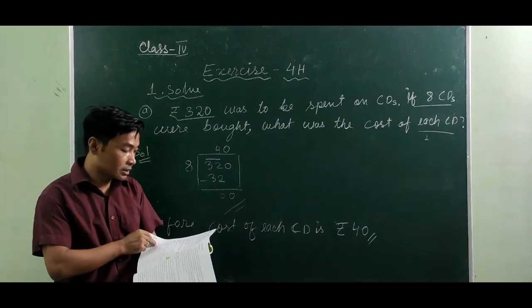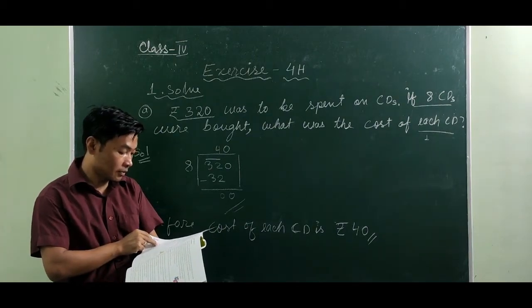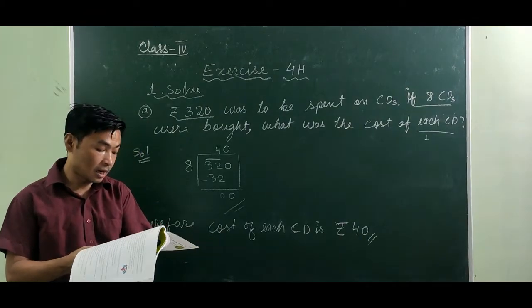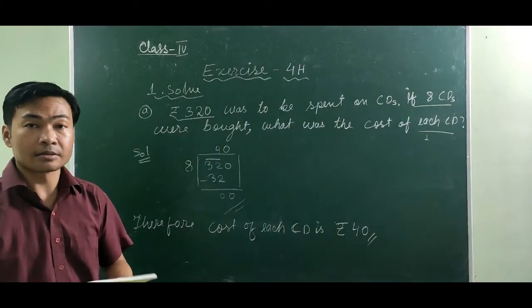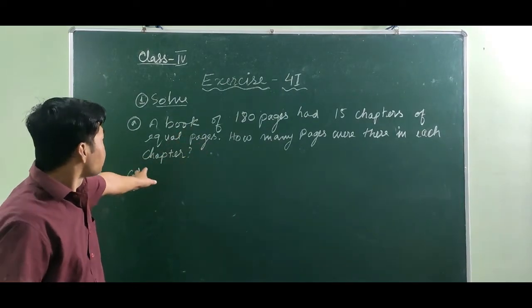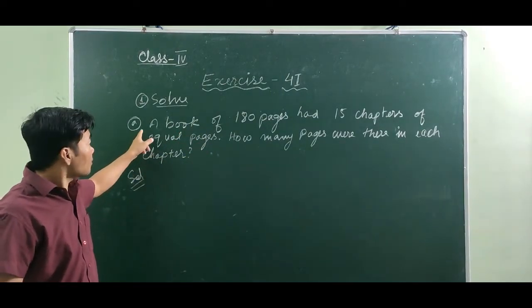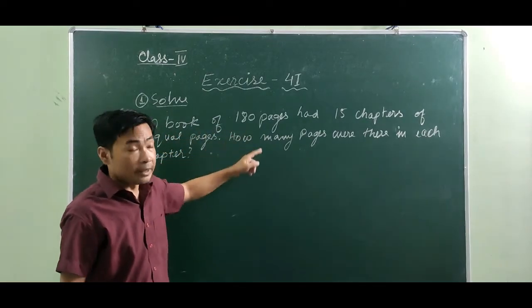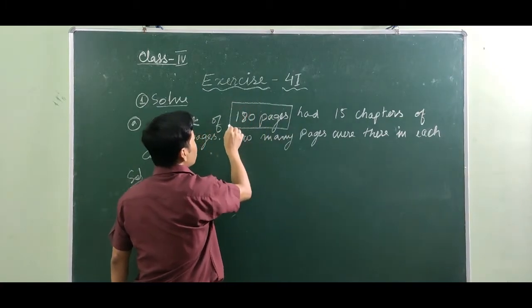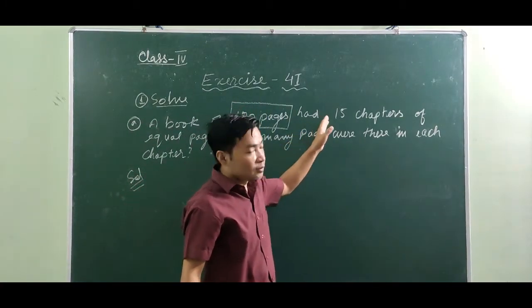If you turn the next page, we have page number 88, exercise 4I. Let's start this. Exercise 4I, question number A. A book of 180 pages. We have a book which has 180 pages. It has 15 chapters.